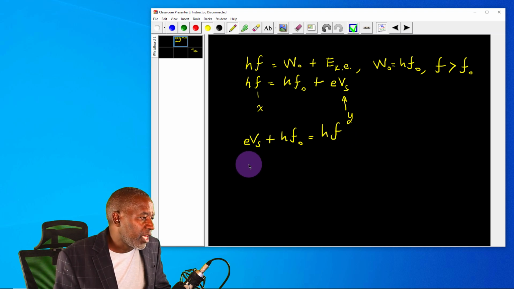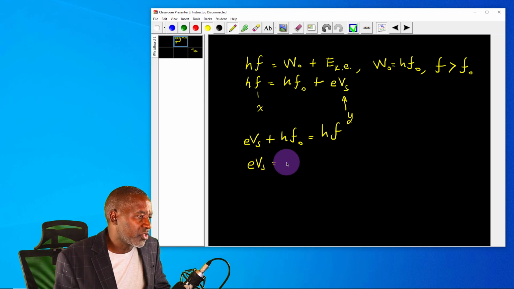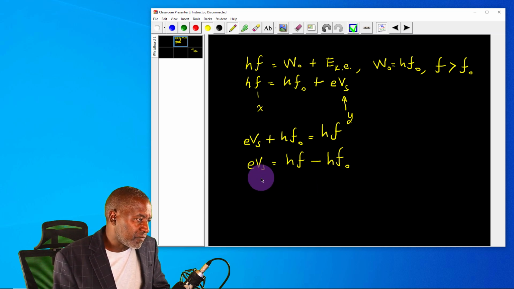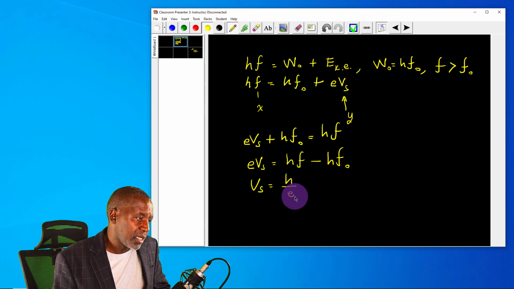I'm going to make eVs to be the subject of this expression, so I'm going to have hf minus hf naught. And then because it is Vs which is on the y-axis, I'm going to divide throughout by e to get Vs is going to be equal to h over e times f.